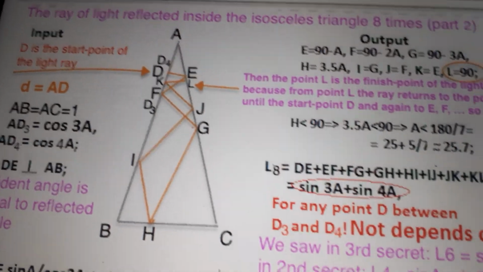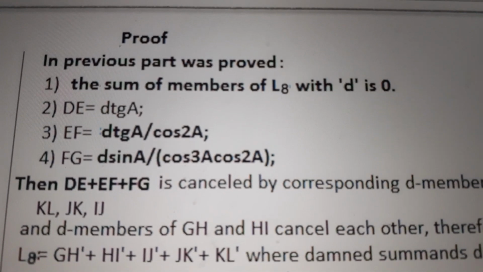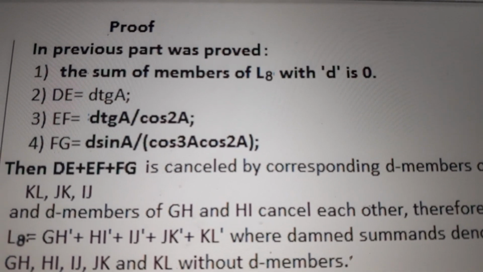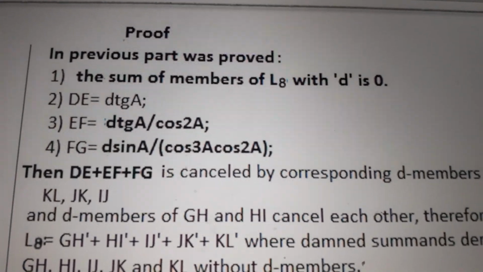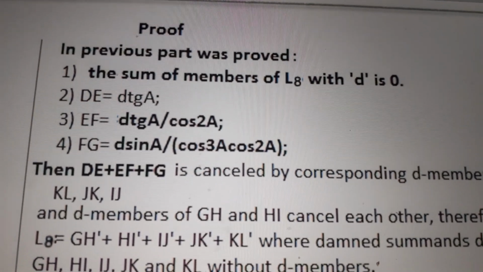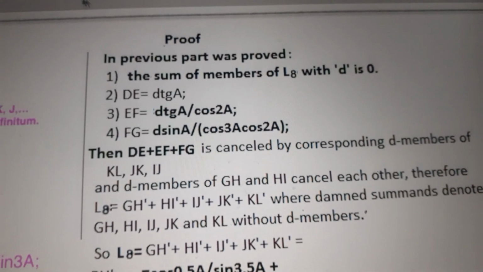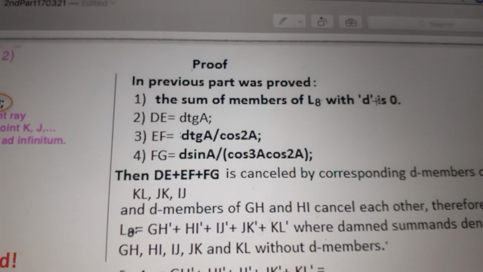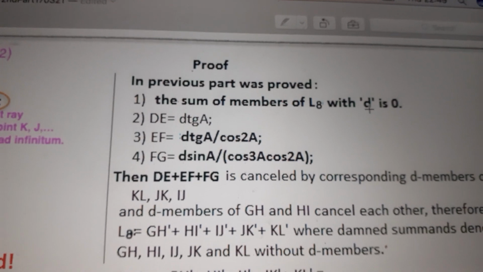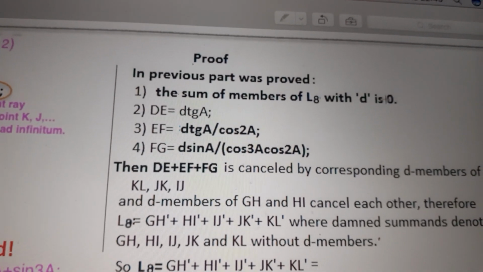Here we see this law, and in the previous part it was proved that the sum of members of L8 that depend on distance D is equal to 0.